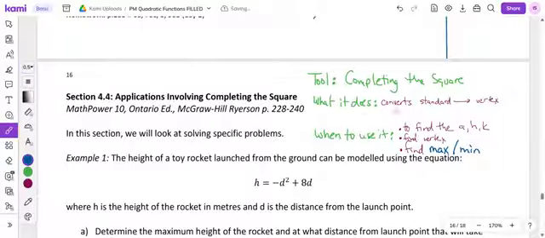Okay, so we've got a tool. And we know when to use it. So if I get an equation that looks like this, and it says find the minimum value, do I have to complete the square? Why not? Talk to your person. Why do I not complete the square if I get the blue one?